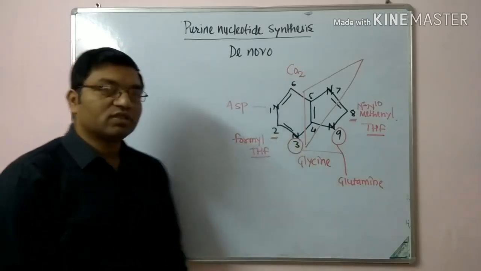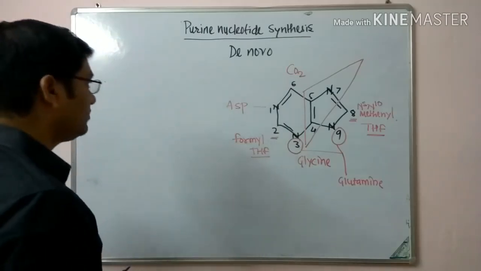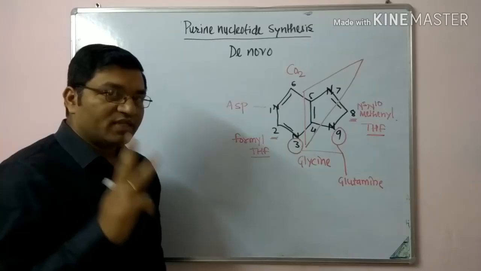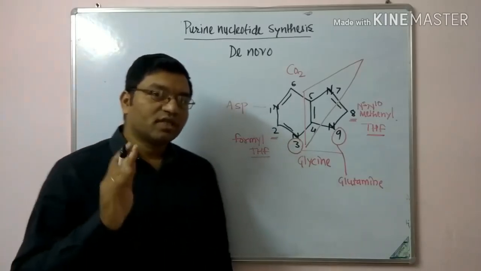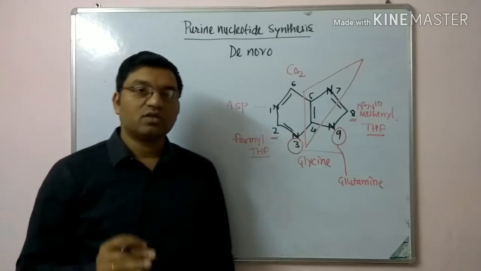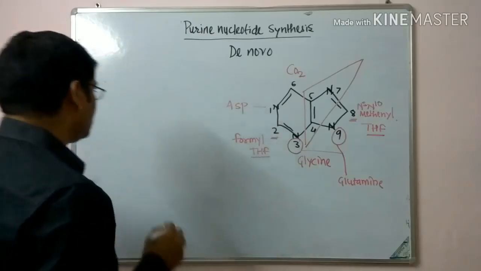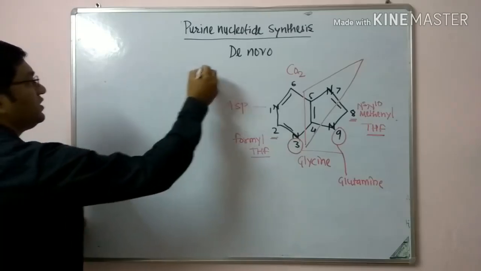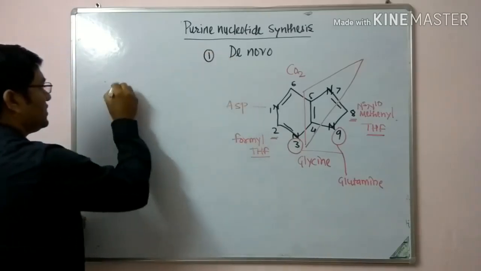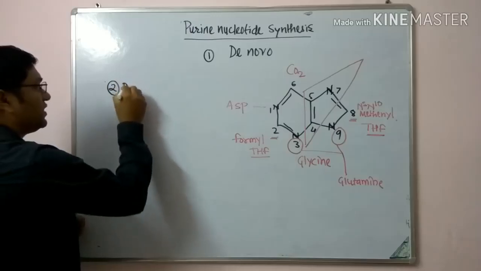Coming to the de novo synthesis of purine nucleotide, there are three main pathways for the synthesis of purines in our body. The first one is the de novo synthesis. Second is the purine salvage pathway.